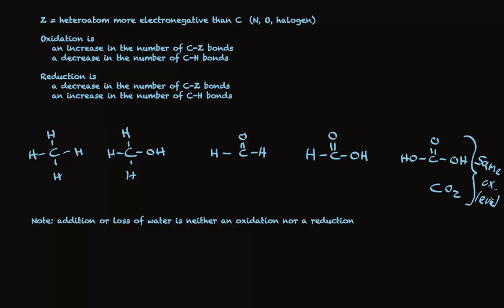Well, chemists care because they often find themselves needing to do a transformation of one molecule into another, of one functional group into another functional group. And you'll have a chance of picking the right reagent if you know whether it's an oxidation, a reduction, or neither. And if you don't know, you'll be doing a lot of wild guesswork.